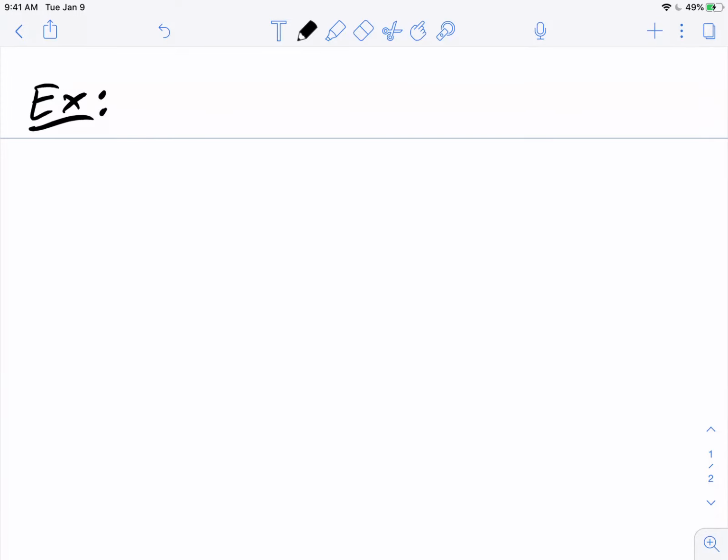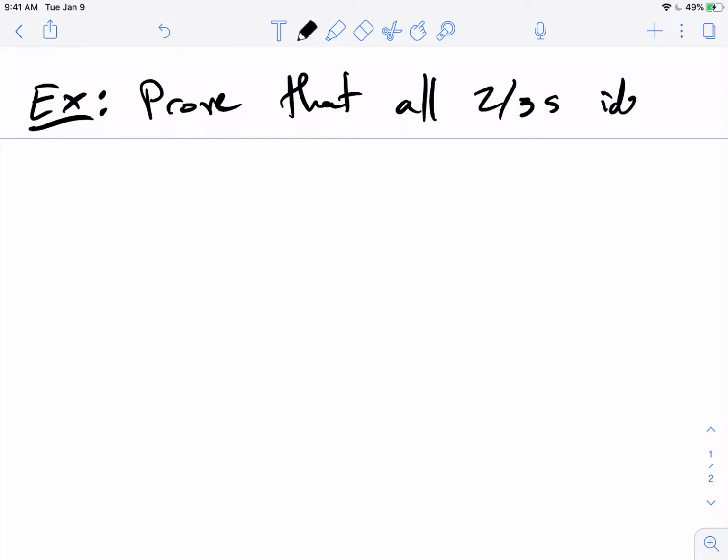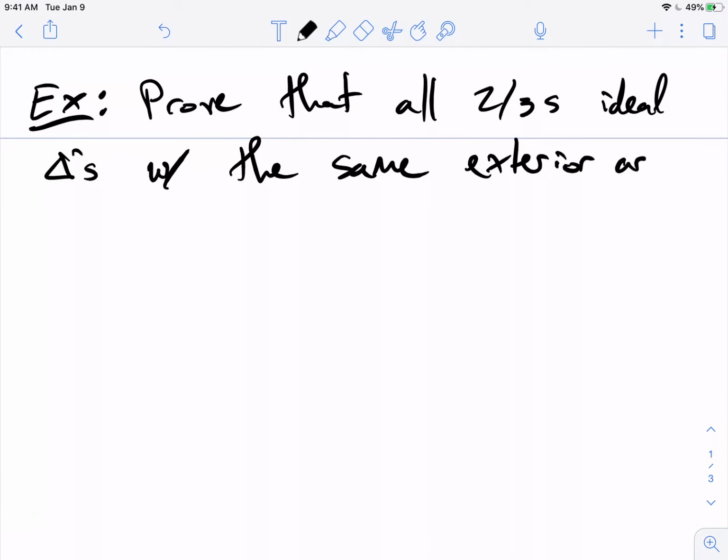As an exercise, you can do this using our isometries worksheet for the hyperbolic plane. Prove that all two-thirds ideal triangles with the same exterior angle alpha are congruent.